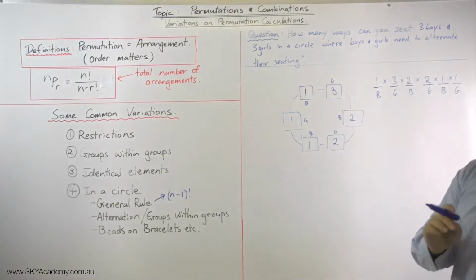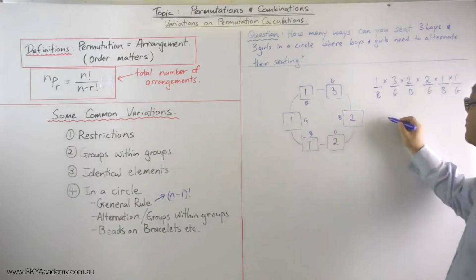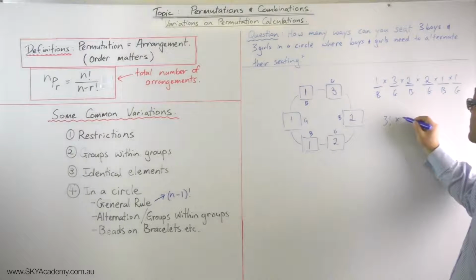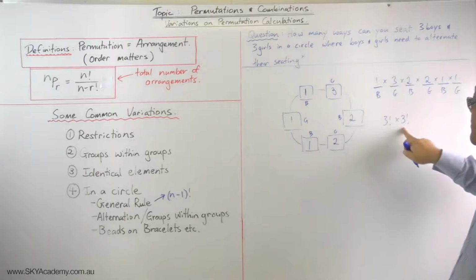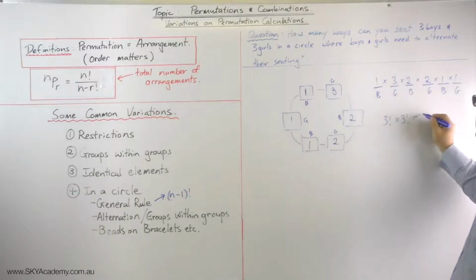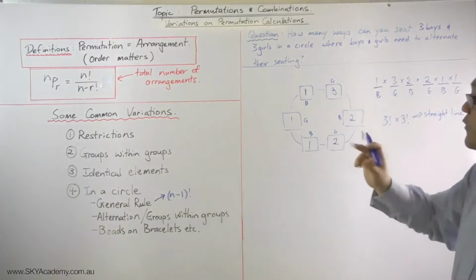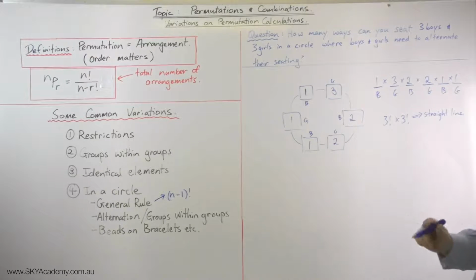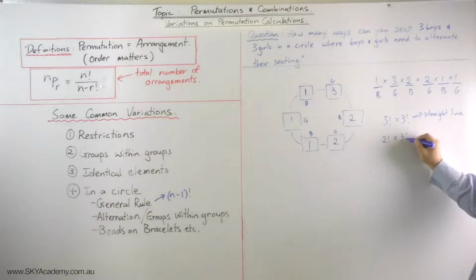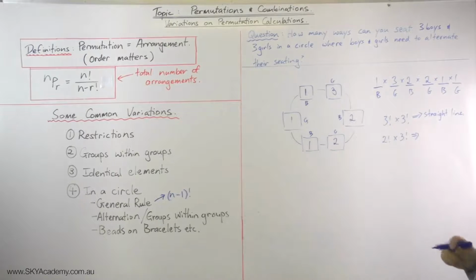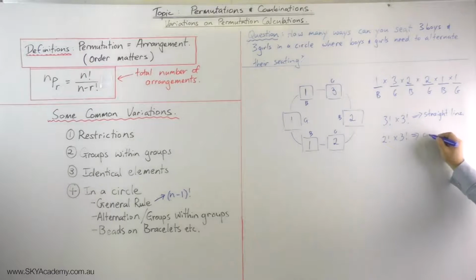Whereas in a straight line, it would be 3 factorial times 3 factorial, the number of arrangements for boys and the number of arrangements for girls. Where you've got a circle and they alternate, you would have 2 factorial times 3 factorial. Does that make sense? And that would be in a circle.